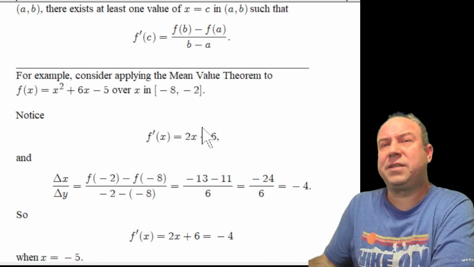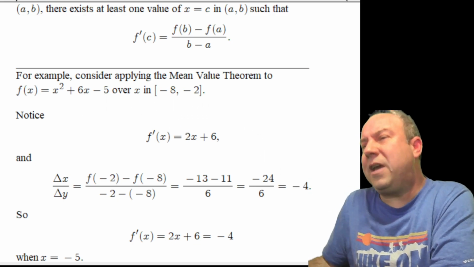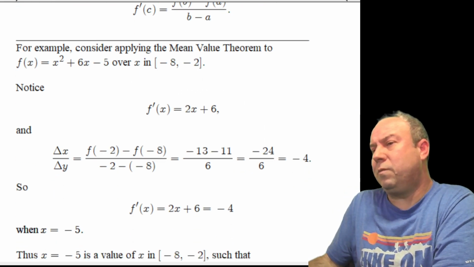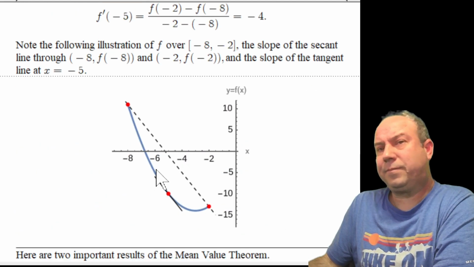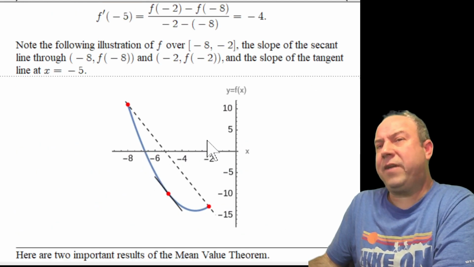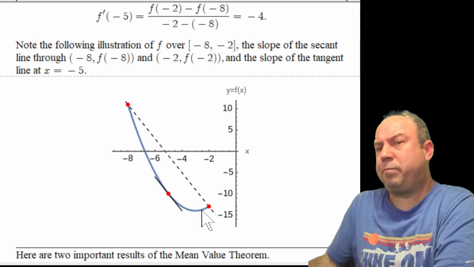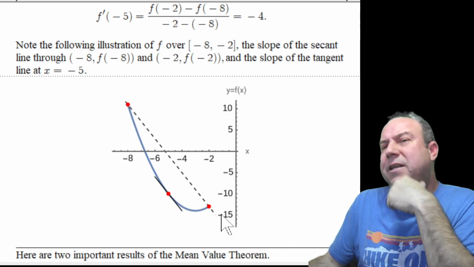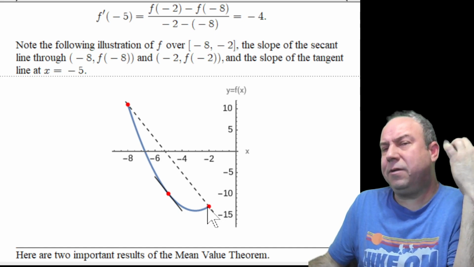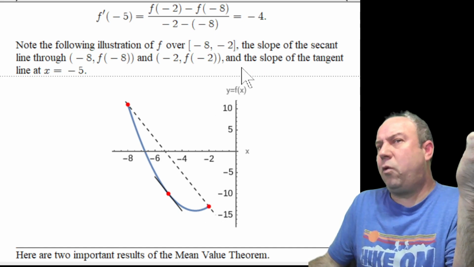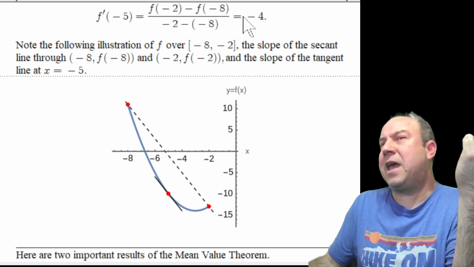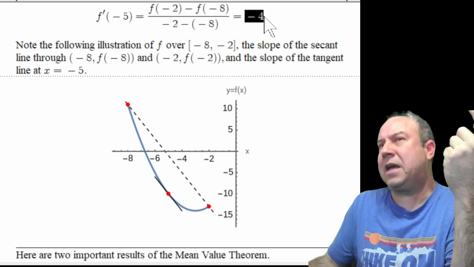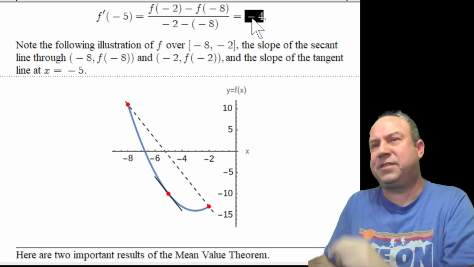X squared plus 6x minus 5 from -8 to -2 along our x-axis. From here at -8 down to -2, we have this quadratic function. Well, the slope of the secant line through the endpoints here is equal to -4. Vertical distance of -24, a horizontal distance of 6.